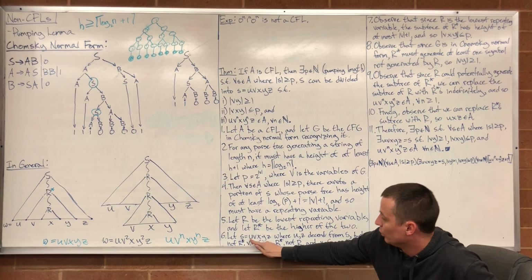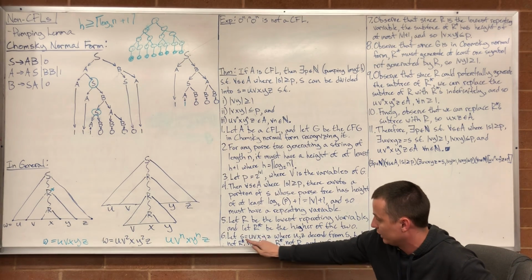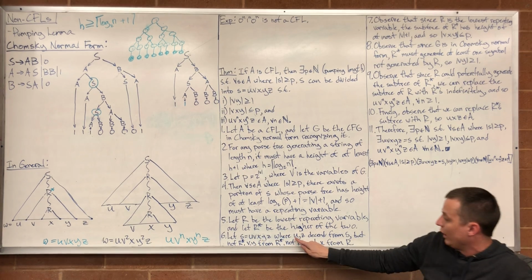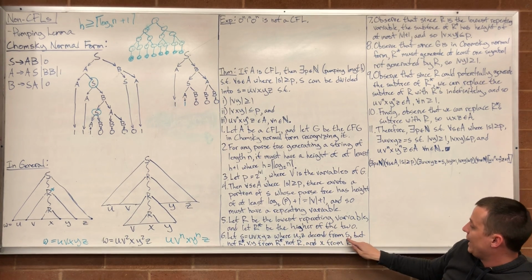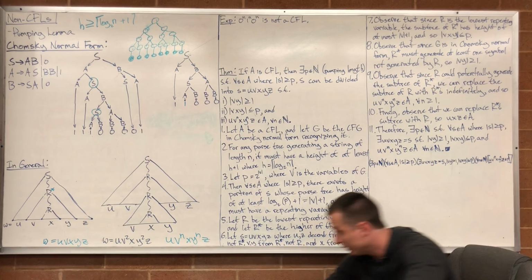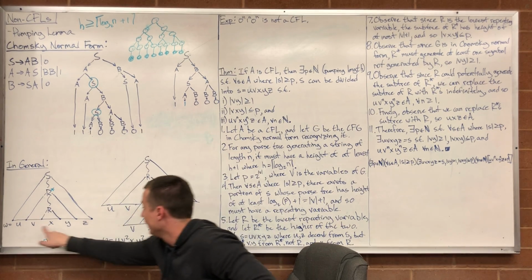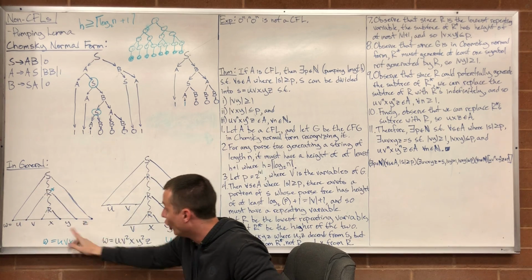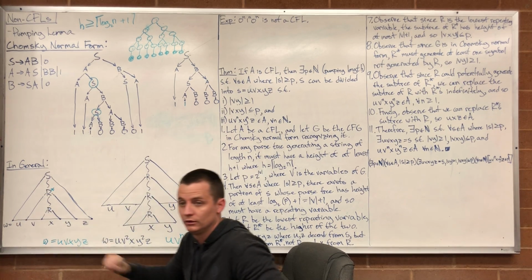Let S equal U, V, X, Y, Z. So we're going to break our string S up into 5 parts, U, V, X, Y, Z, where U and Z descend from S, our start variable, but not from R star.